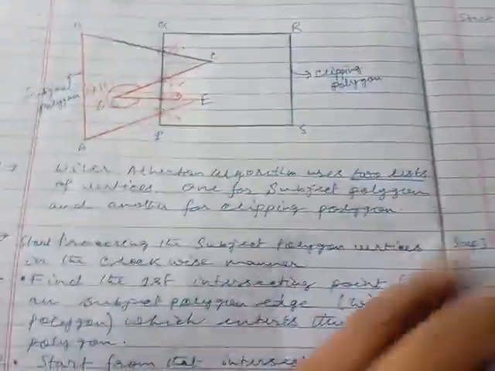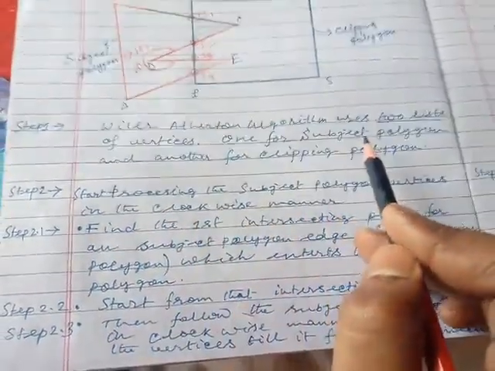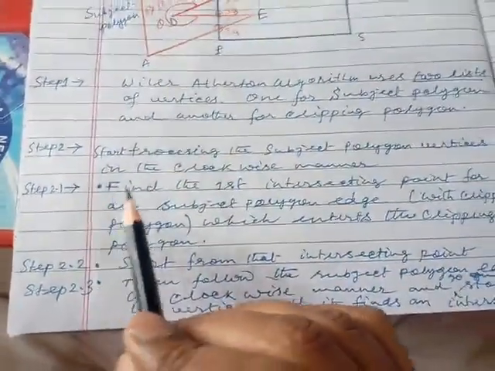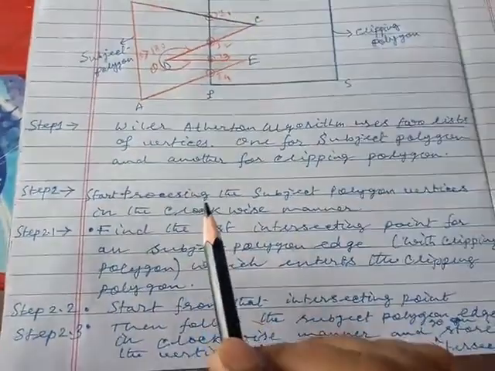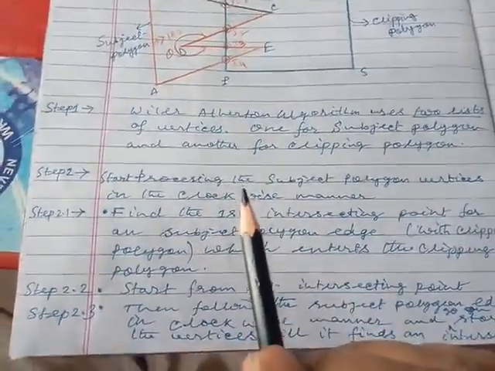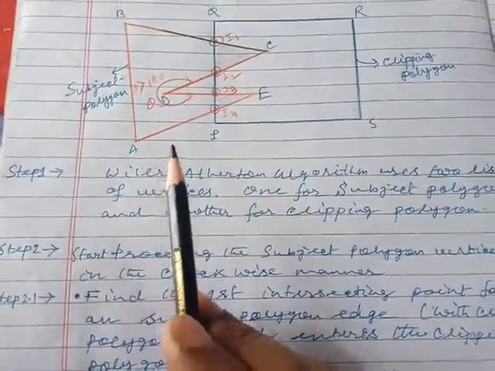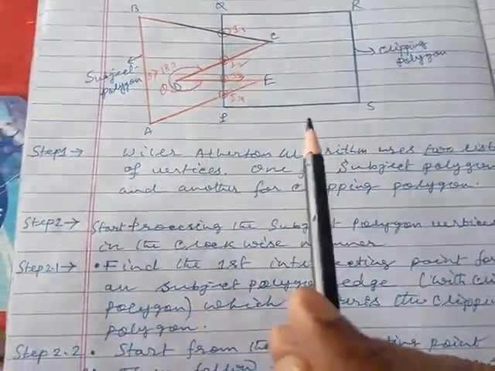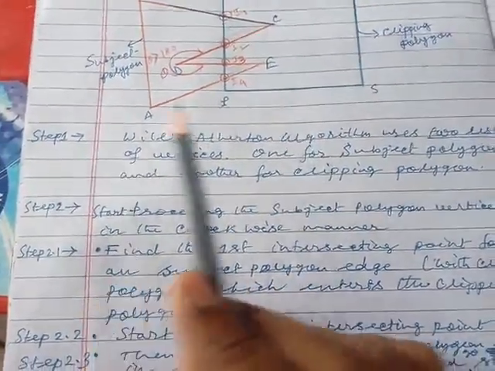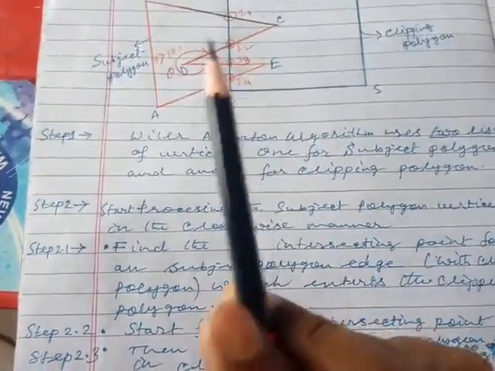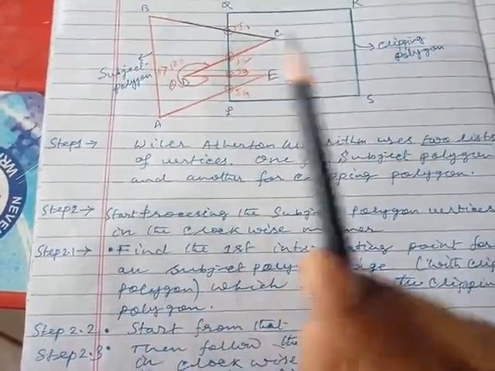Now what the algorithm does is that once the vertex lists are generated for the subject polygon and for the clipping polygon, the next step is to locate the first intersecting point for which the incoming edge enters from outside to inside of the subject polygon.